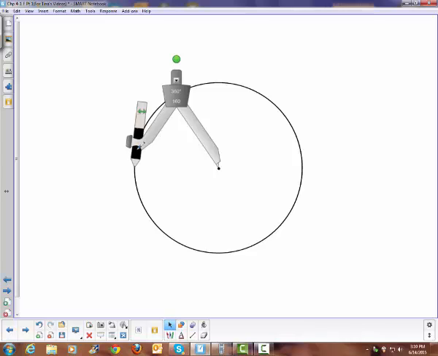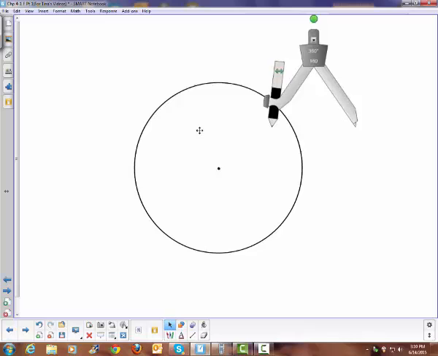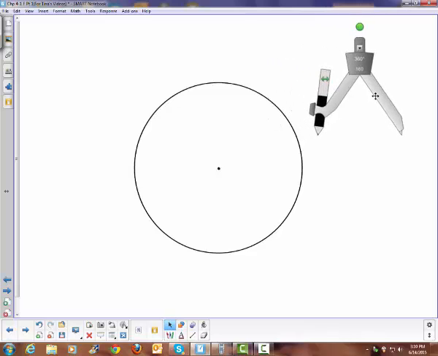And as you recall from your geometry definitions, a circle is simply a set of points all equidistant from that single point called the center. Another thing you must understand about smartboards is if I want to draw a straight line segment, all I need to do is use the line drawing tool.